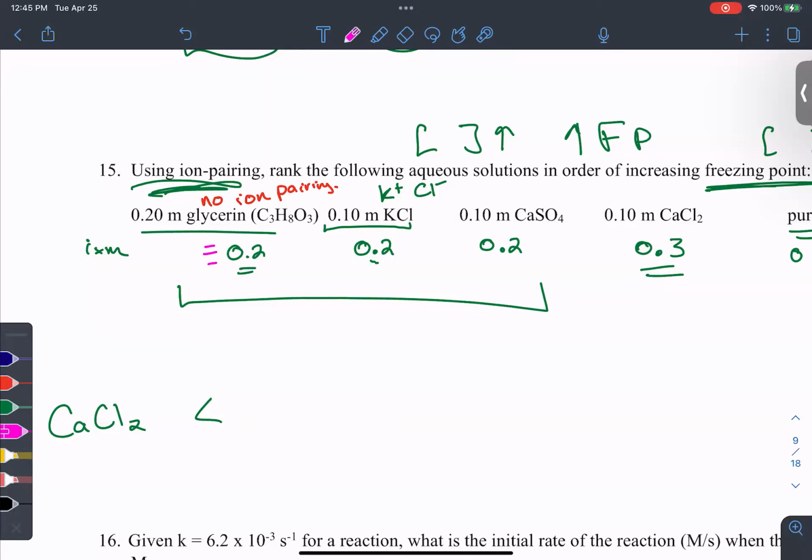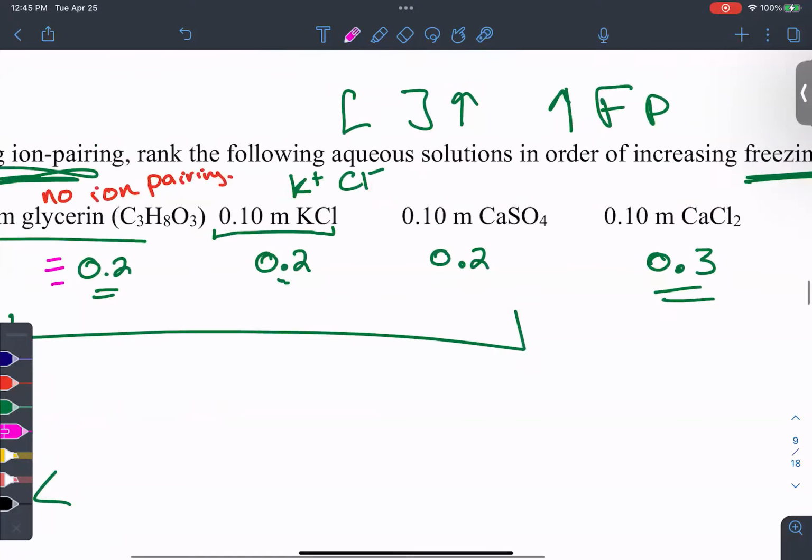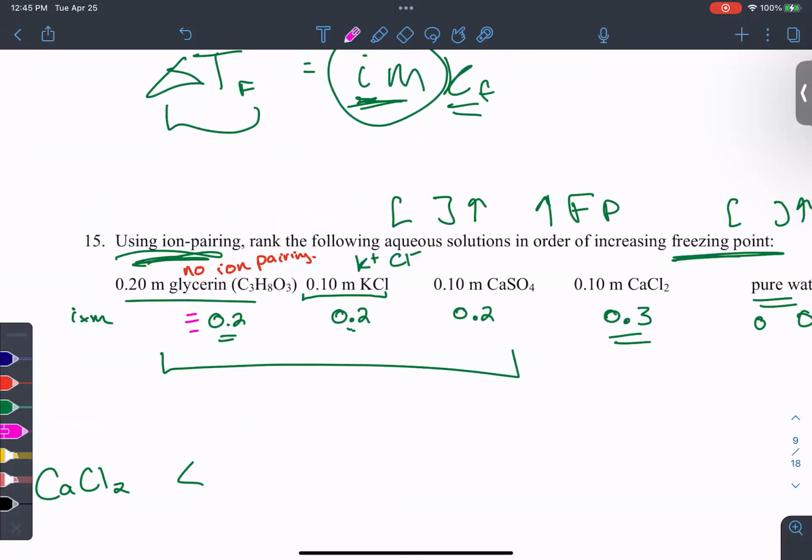Now we want to see, okay, how do KCl and calcium sulfate deviate? Will they be not 0.2? And that's what in fact happens. Both potassium chloride and calcium sulfate are composed of ions, so they do exhibit ion pairing. Ion pairing means we typically see deviations, meaning a less than predicted Van 't Hoff factor.